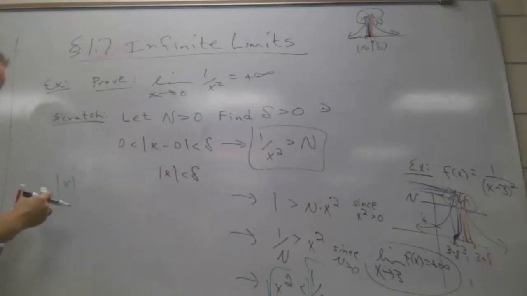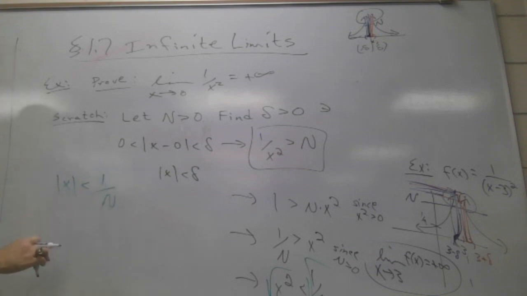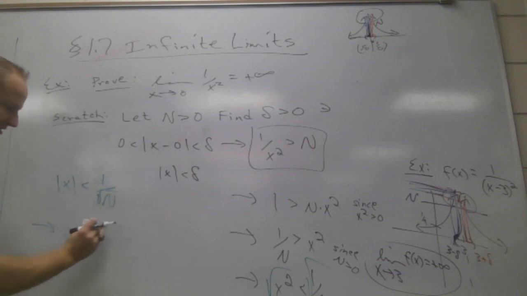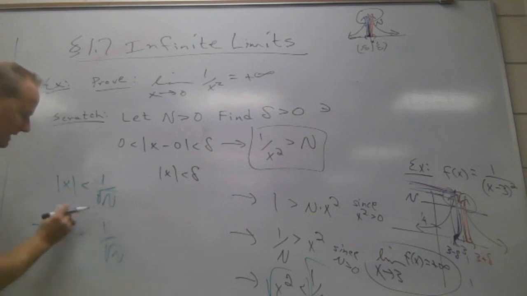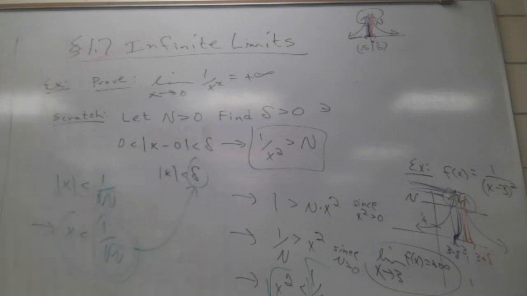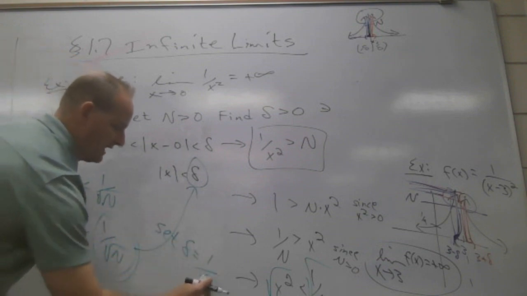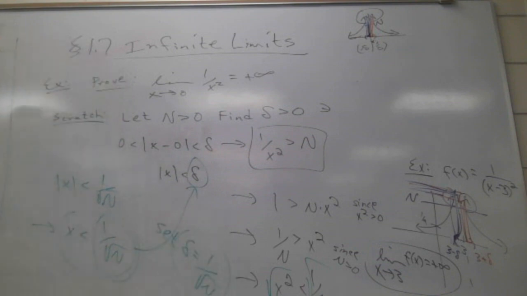So the absolute value of x is less than the square root of 1 over n, which is 1 over the square root of n. So guess what I want for my delta? 1 over the square root of n. So set delta equal to 1 over the square root of n, and then work backwards.